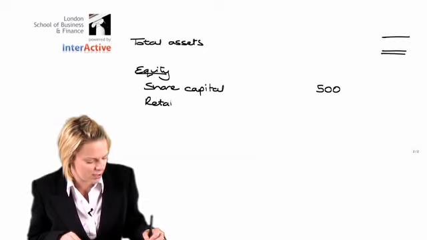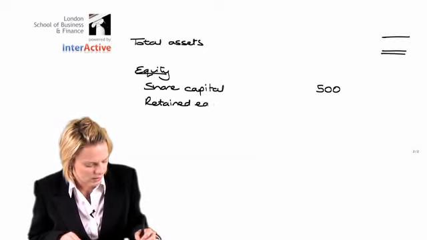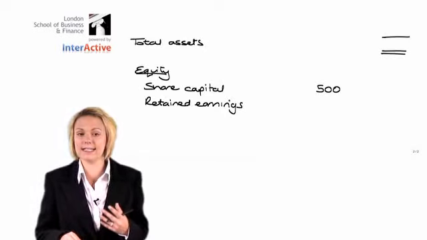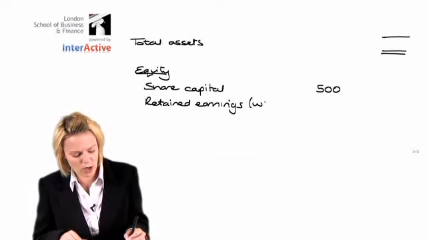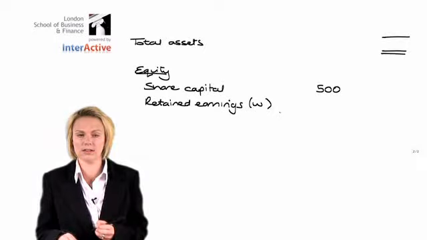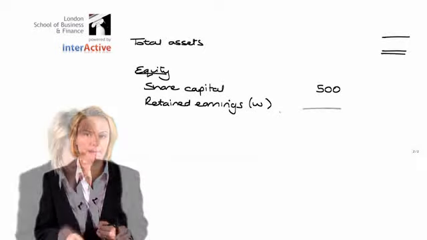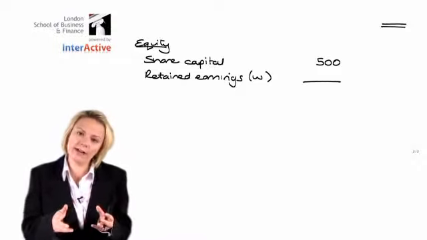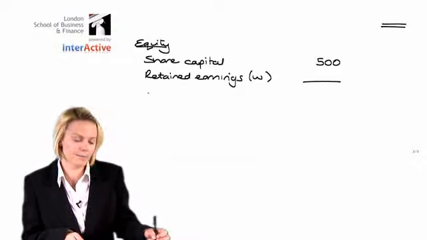We'll then have retained earnings. And then do you remember from our pro forma that we saw in the last session, we have to do a working for group retained earnings. We'll see why shortly. We then subtotal at that point, bring the total across, so leave a line.